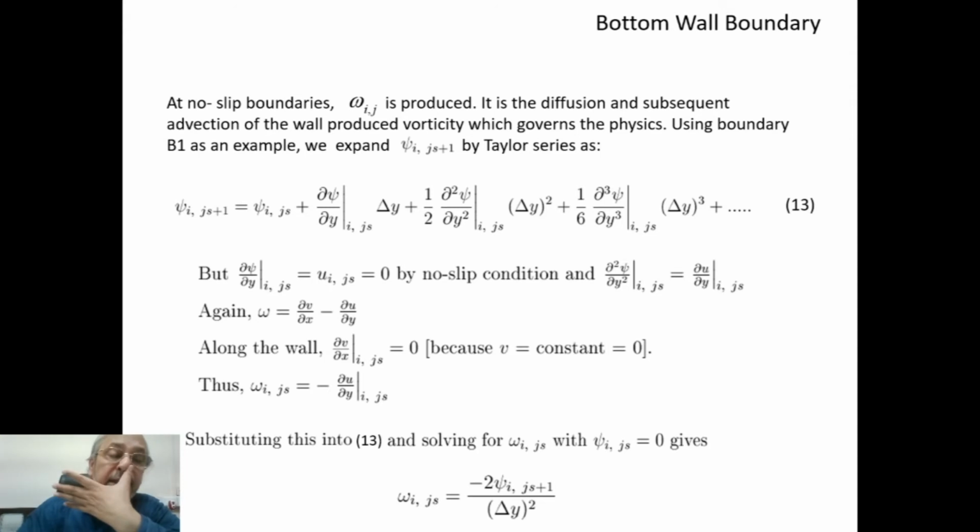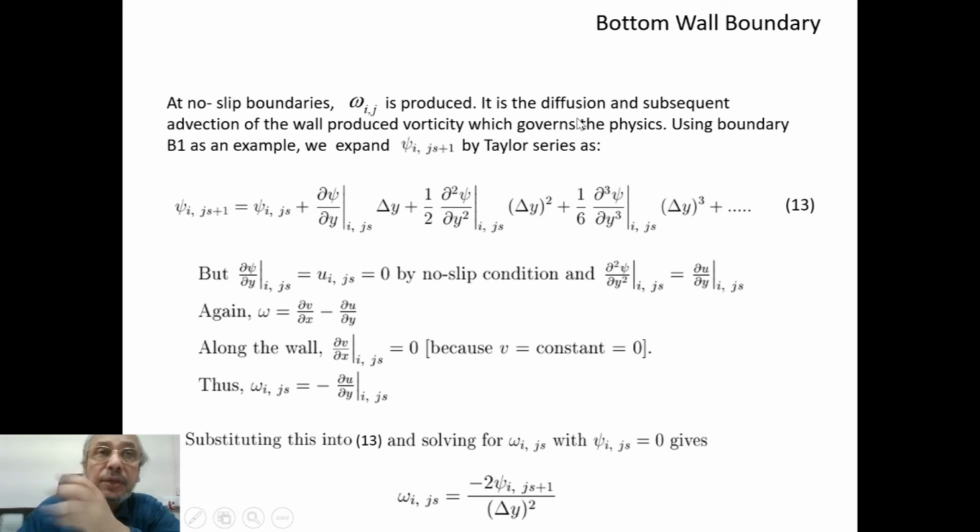That physical discussion may be pertaining to viscous flow theory or basic fluid mechanics. I have just mentioned it, but we utilize that physics. At no slip boundaries, omega ij is produced. It is the diffusion and subsequent advection of the wall produced vorticity which governs the physics. So how this vorticity is diffused and convected governs the physical situation.